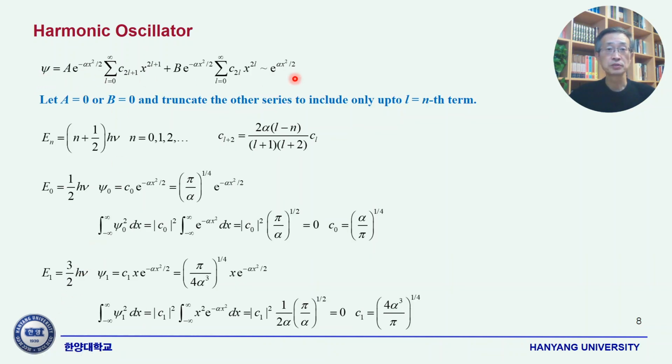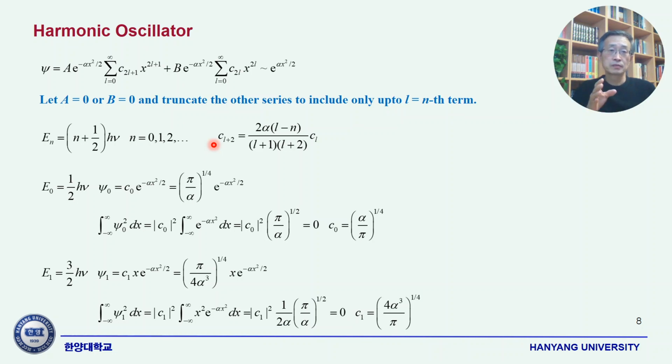So this is your general solution. You either set A or B equal to 0 and then truncate the series. Energy is given here, as we just did, and this is the recursion formula. Actually, there is a way to solve the Hermite differential equation and reach the general solution using Hermite polynomials.